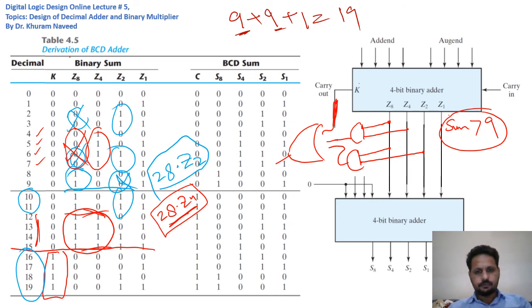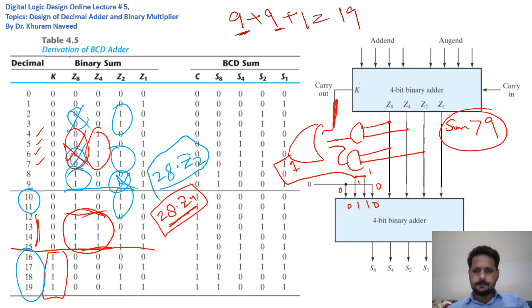So whenever this output is 1, let's connect it directly to these two inputs. So whenever this output is 1, we get a 1 here and a 1 here, and we already have given 0 here. This means this will be 0, 1, 1, 0, and it will add 6 to the sum to convert it from a non-BCD code to a BCD one, right?